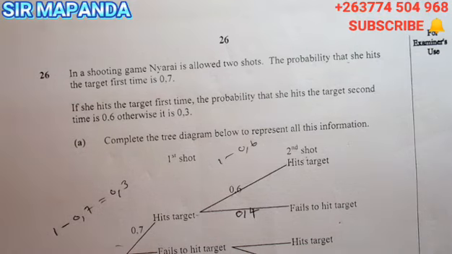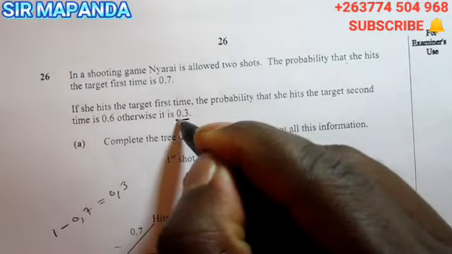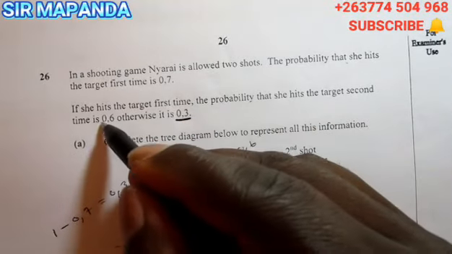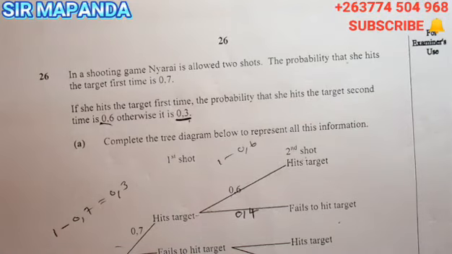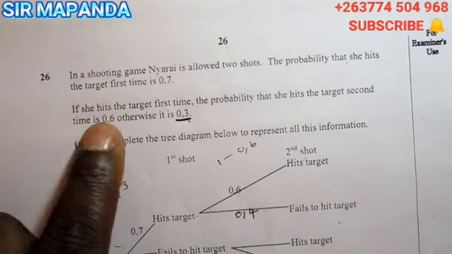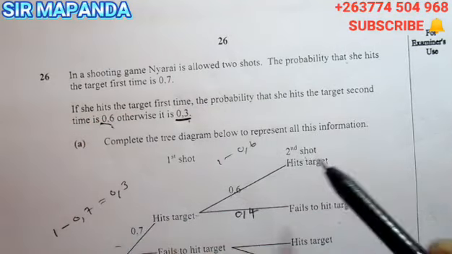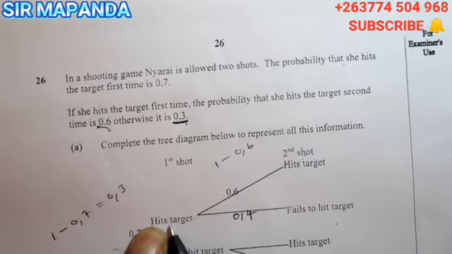If she hits the target first time, the probability that she hits the target second time is 0.6, or otherwise is 0.3. So 0.6 and 0.3 are both probabilities of hitting the second target, right? But 0.6 is the probability of hitting the second target after hitting the first.